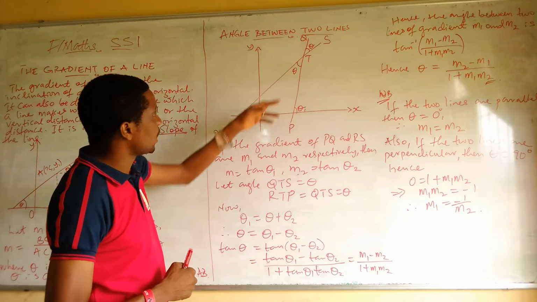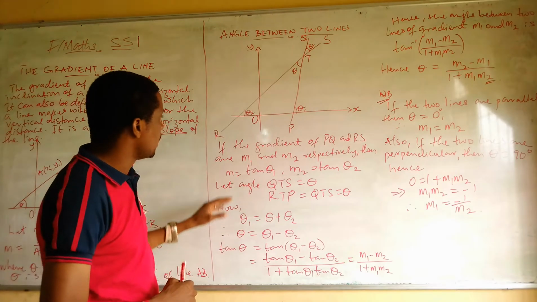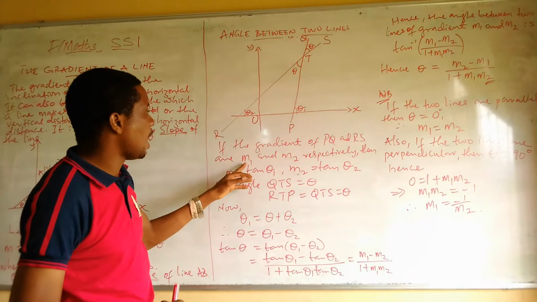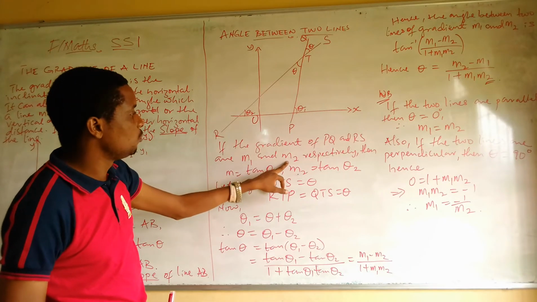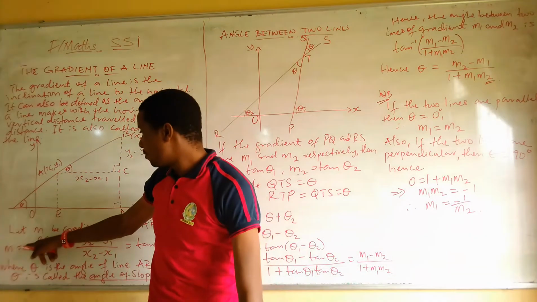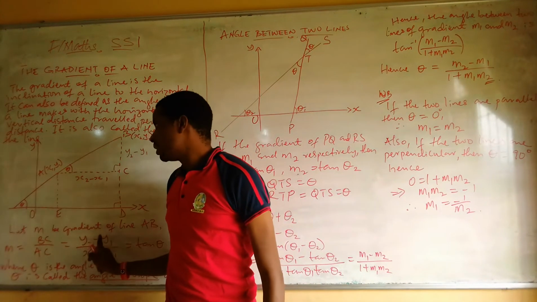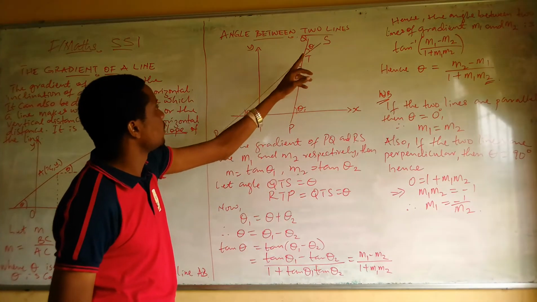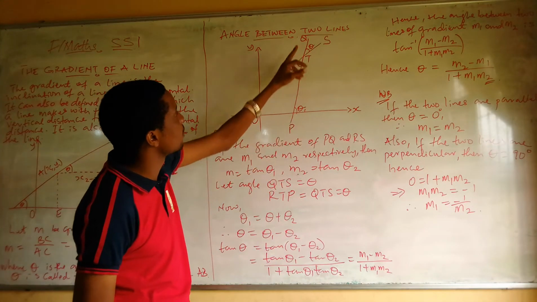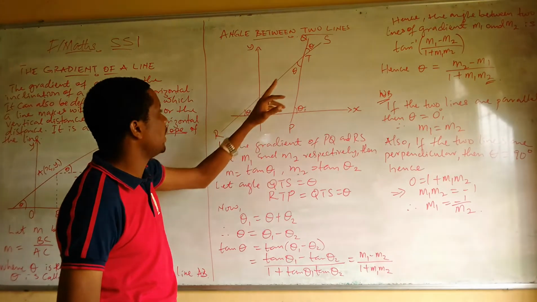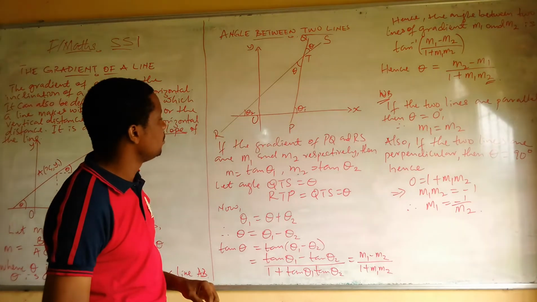They are equal. Then, if the gradient of PQ and RS are M1 and M2, where M is the gradient, don't forget. So we said let M be the gradient. Now we have two lines. The first line PQ, the gradient is M1. The second line RS, the gradient is M2.